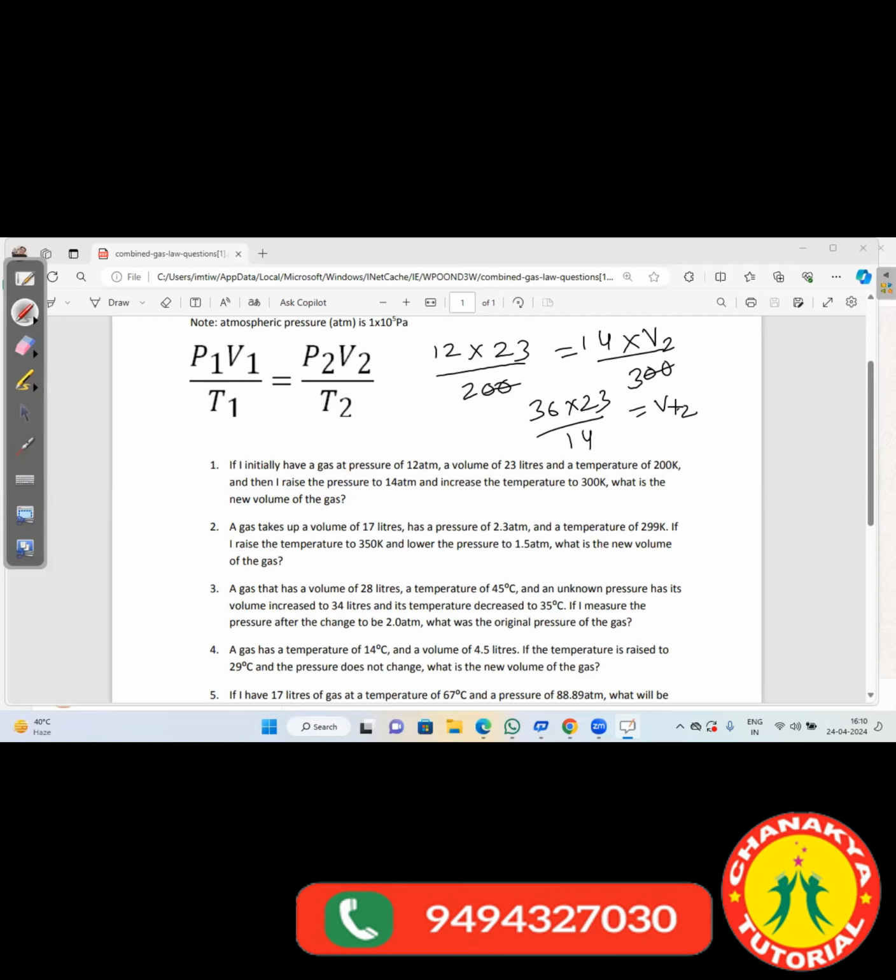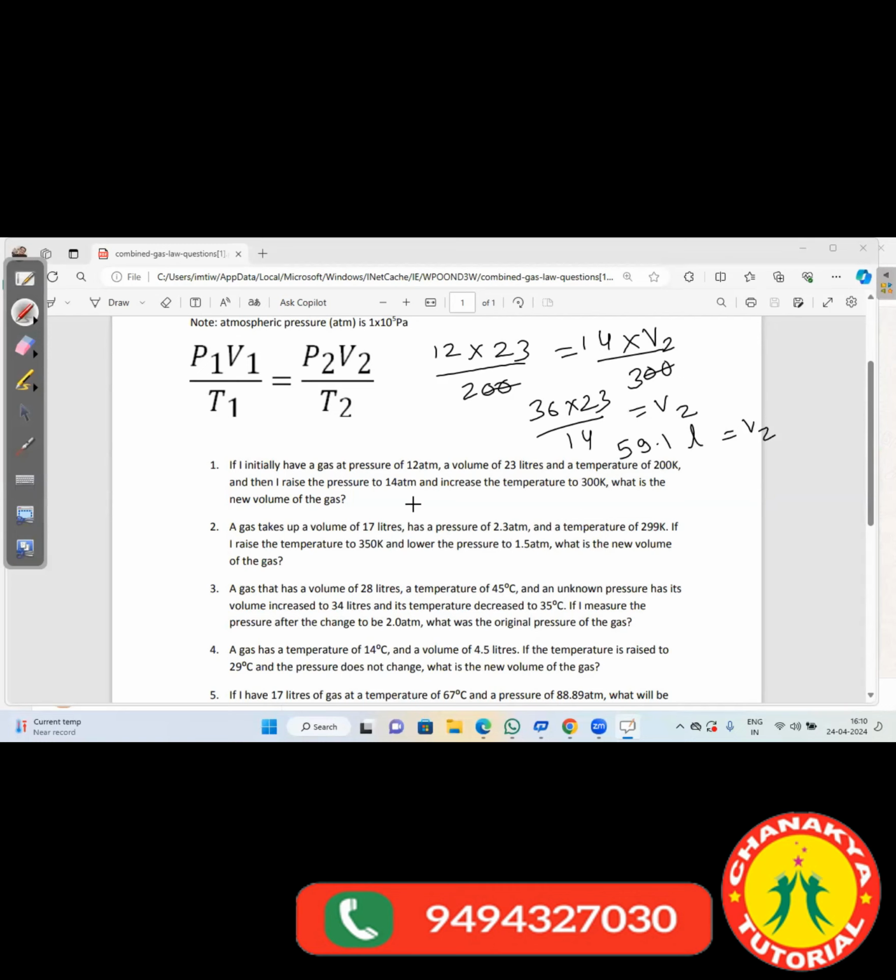Did you get the answer? You can use your calculator. You get something like 59.1 liter. So V2 is 59.1 liter of the gas.